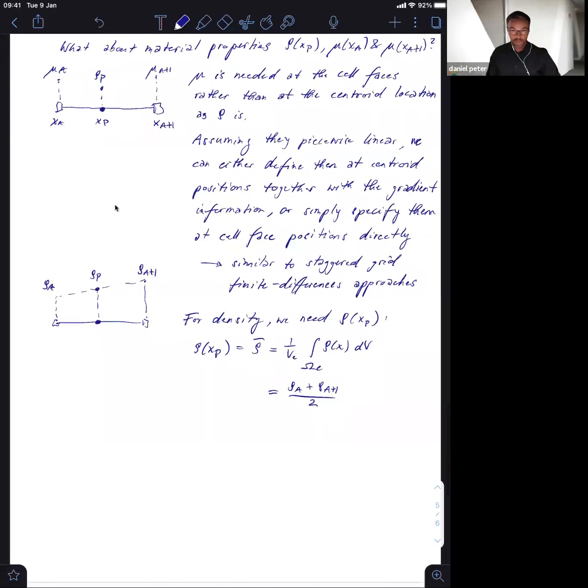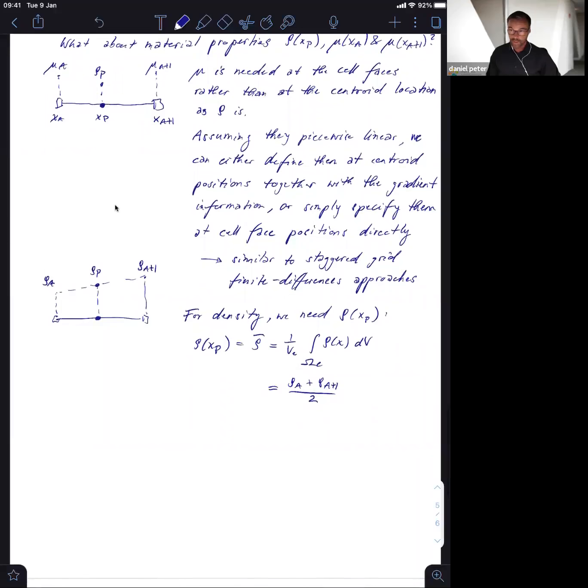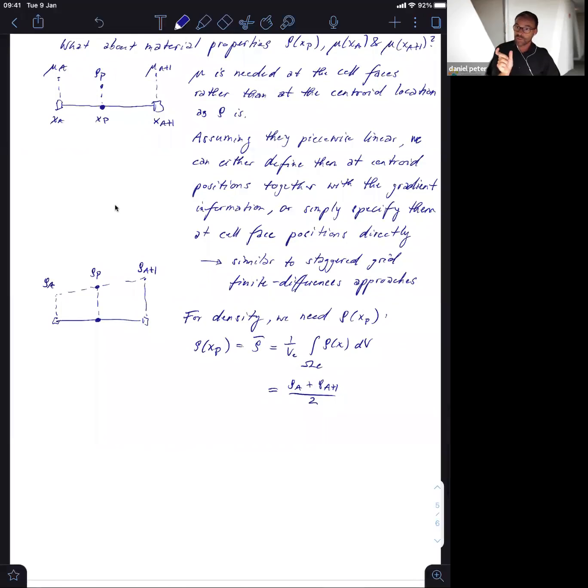Also, a short remark: these material properties don't have to be continuous across elements, but they can have a jump.